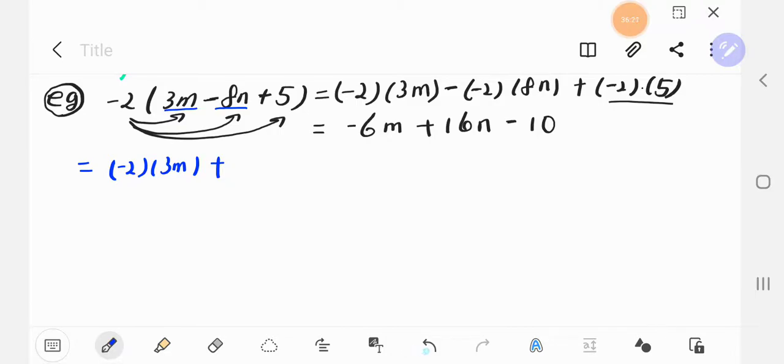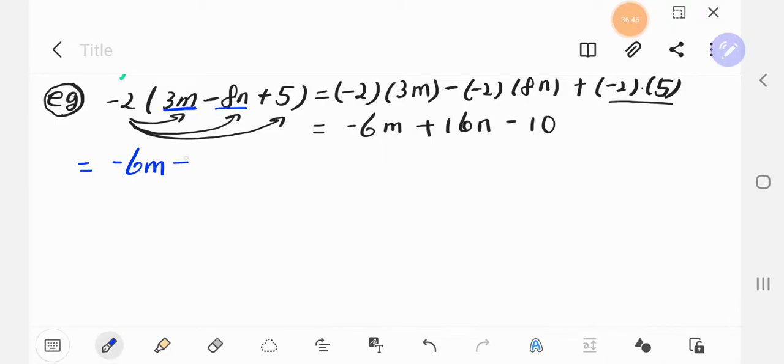Okay, why don't we just use mental math? Why don't we just try it again? This is faster. So 3m will be multiplied by what? Negative 2, right? So just multiply by negative, so that we need to change the sign. So negative 6m. Okay, how about the second one then? Negative 8n times negative 2. So negative 2 times negative is what?